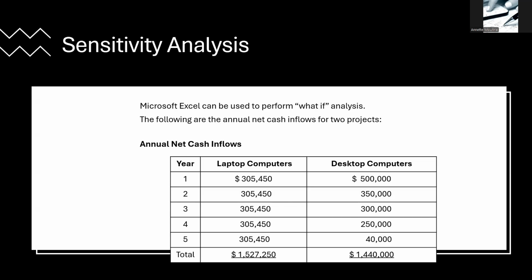And here you see both the laptop and the desktop computers, the annual net cash inflows at the end of year 5. The laptop has $1,527,250, whereas the desktop computers has $1,440,000.